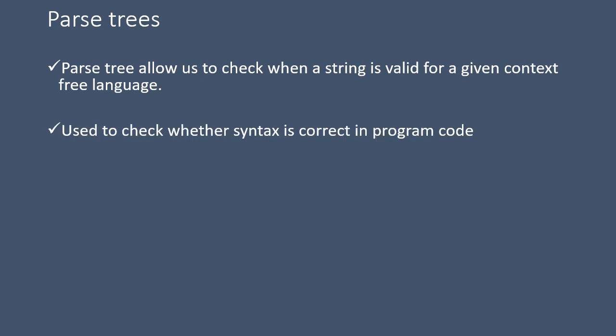This is used, for example, to check whether the syntax is correct within our program code. When we're writing code, during the interpreting or compilation stage there will be some checking of whether the code that you've written is syntactically correct.